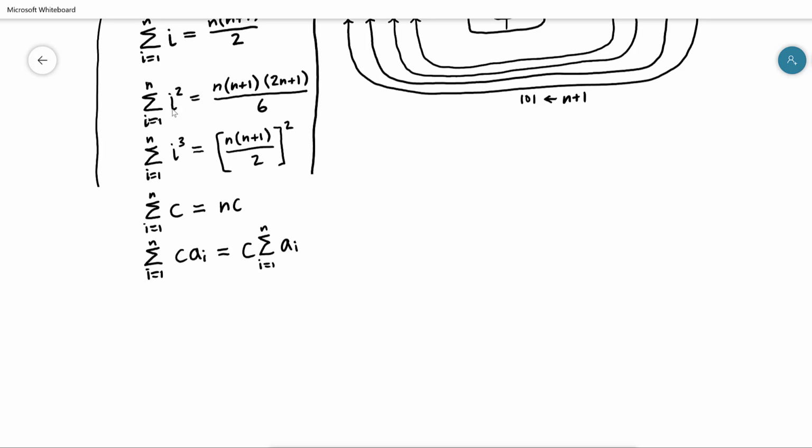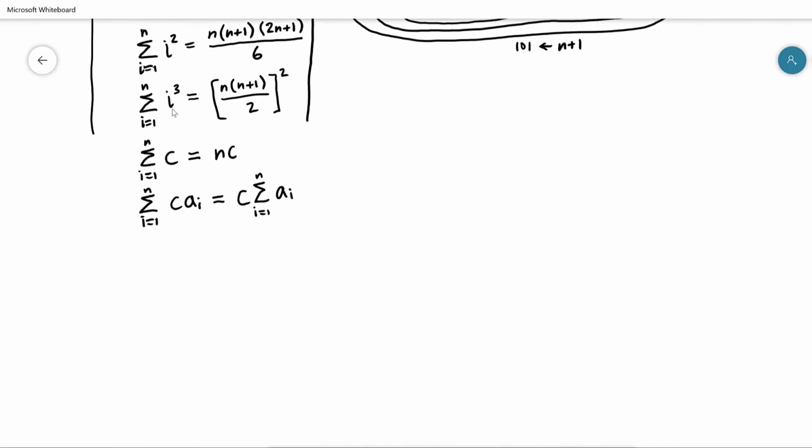And similarly, just a couple other quick rules. If you are taking the sum from i equals 1 to n and you've got an a_i, something that depends on i, plus or minus a second thing that also depends on i, well, it turns out you can split that up into two separate sums. So I could write that as the sum from i equals 1 to n of the a term, plus or minus the sum from i equals 1 to n of the b term. So you can split these things up.